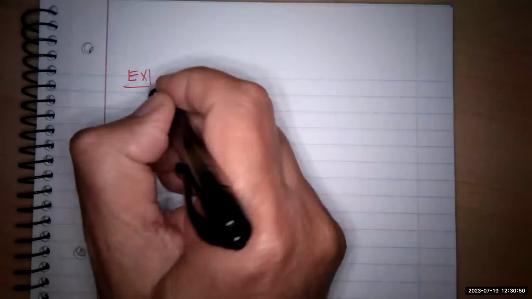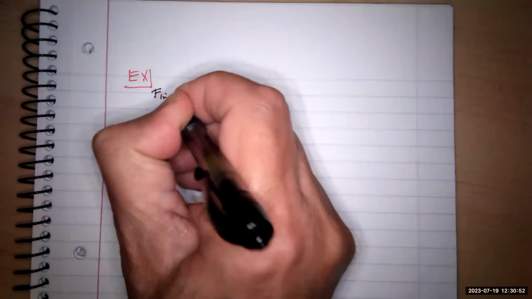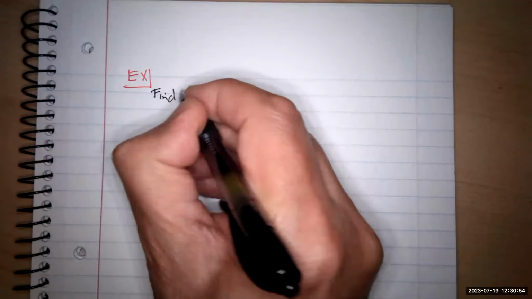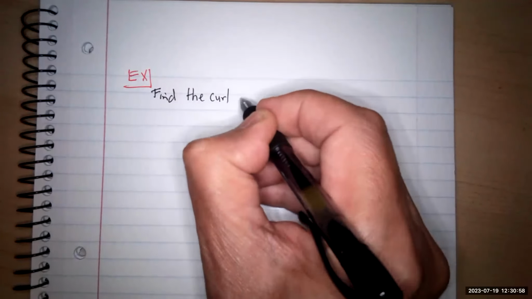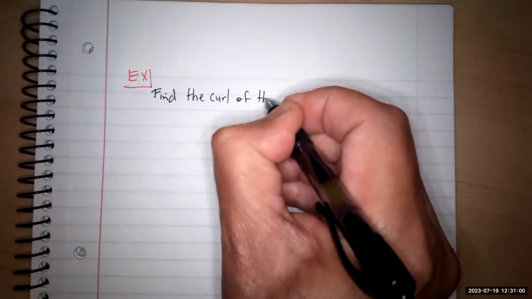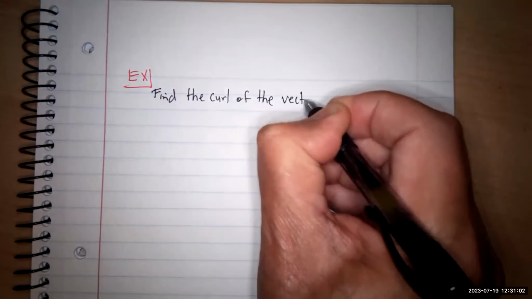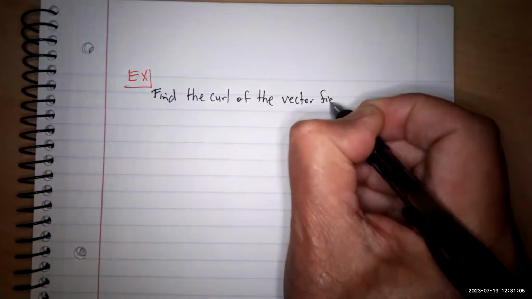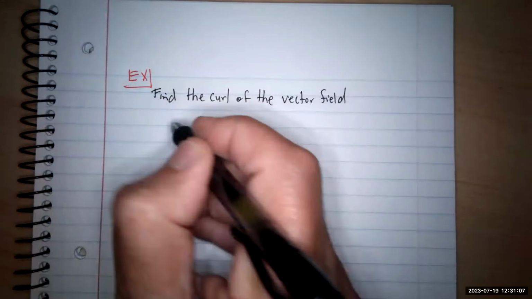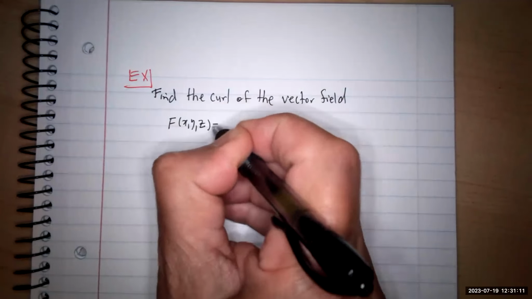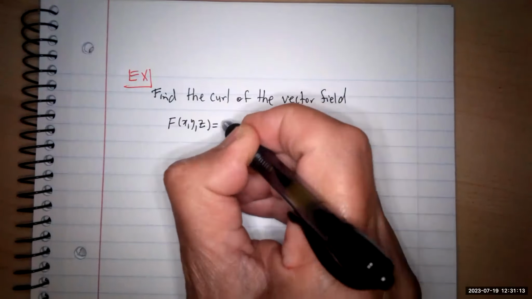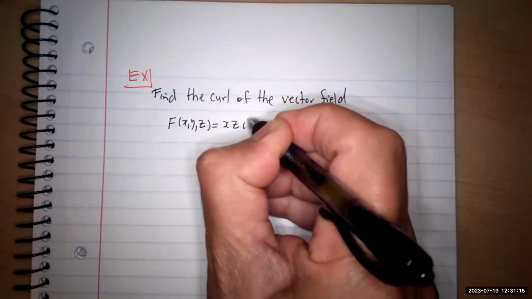So example: we want to find the curl of the vector field.